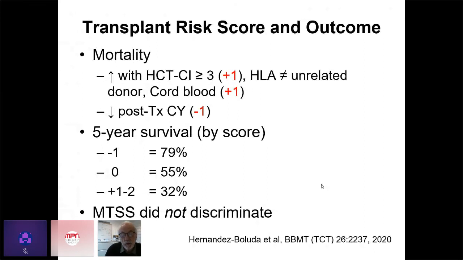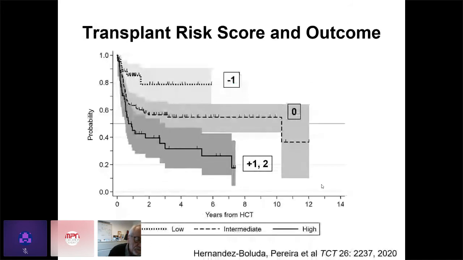The previously published data by another European group that incorporated the donor type into the disease categorization did not turn out to discriminate patients in this setting. So, as I said, I think that needs to be confirmed, but I find that helpful in a very first glance assessment. Next slide, please.